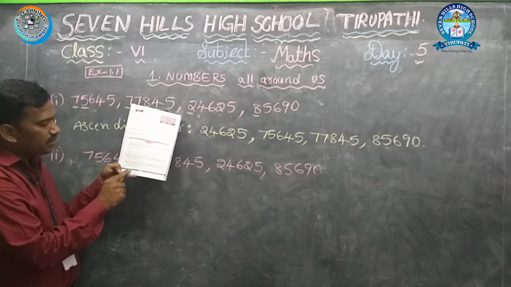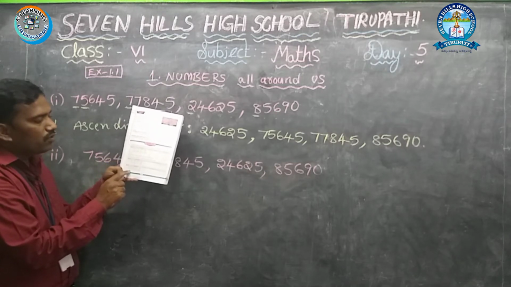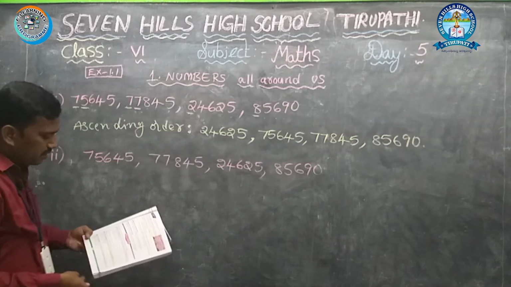In the second Roman numeral, descending order is there. Here also two questions are there. Now I am telling the first question.